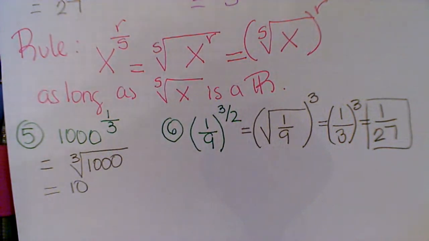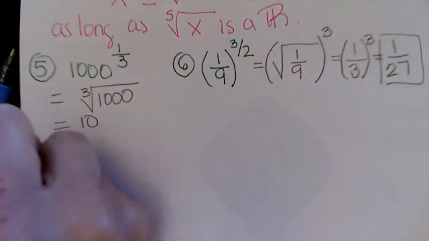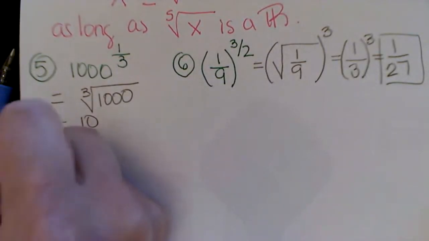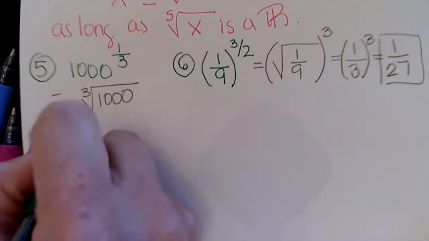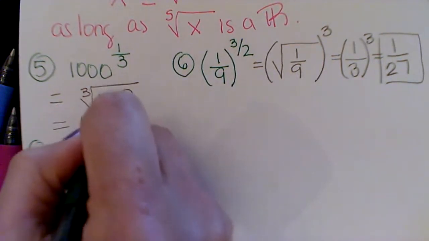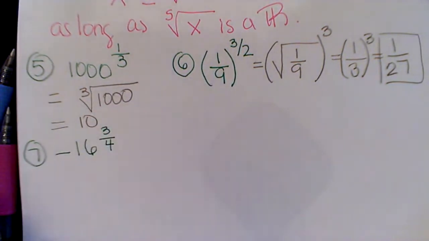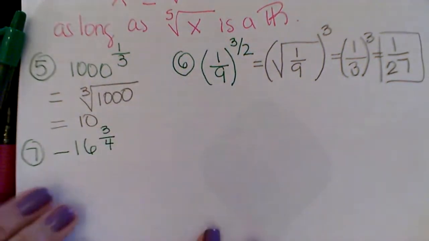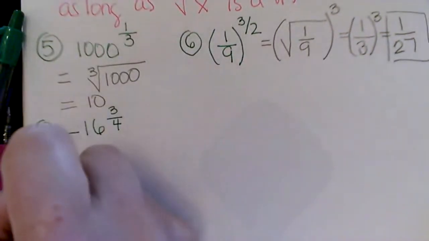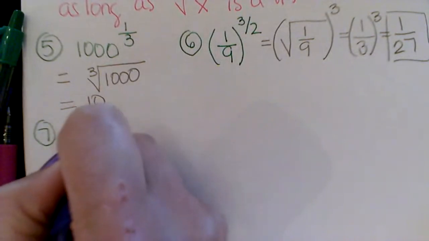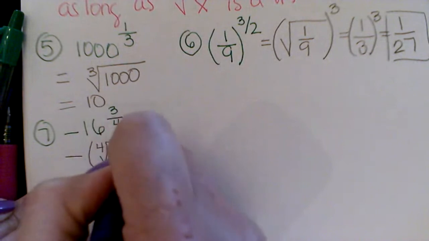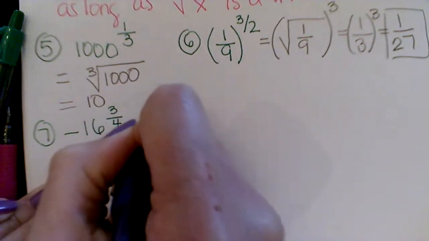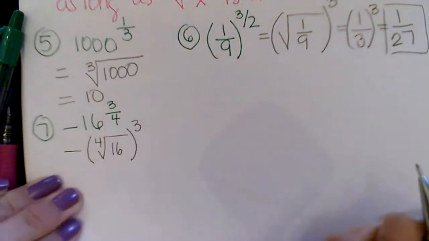Now let's do number 7. All right, so then this, outside, the 4th root of 16 to the 3rd power.